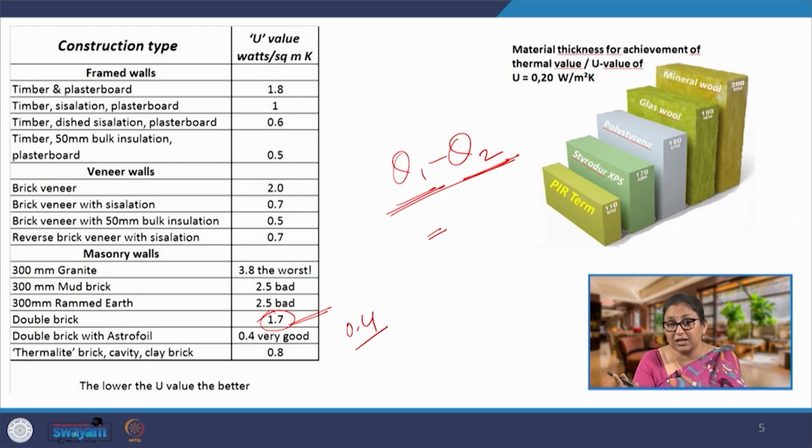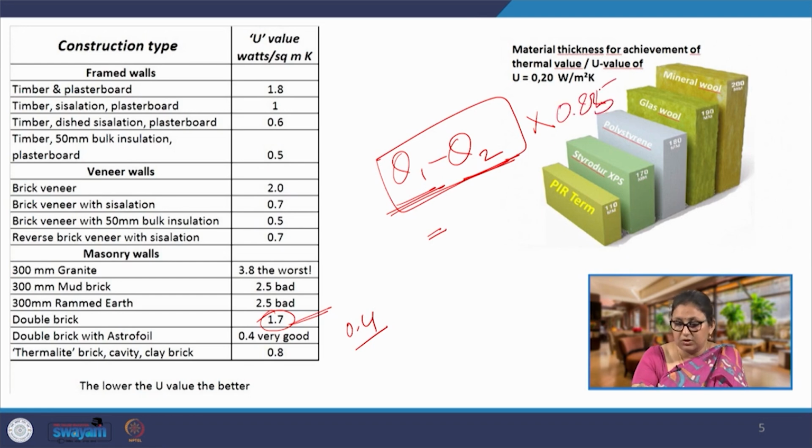We can directly calculate over a period of time that the scope 2 reduction would be Q1 minus Q2 multiplied by the carbon emission factor for whatever country we are taking. So, we will get how much carbon emission saving is going to happen through our choice of material.